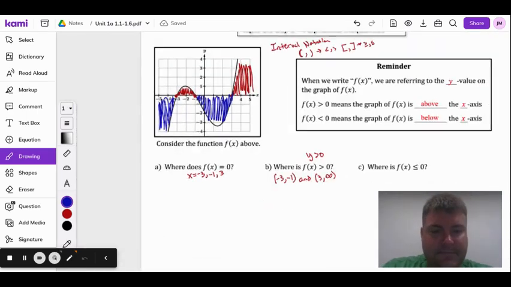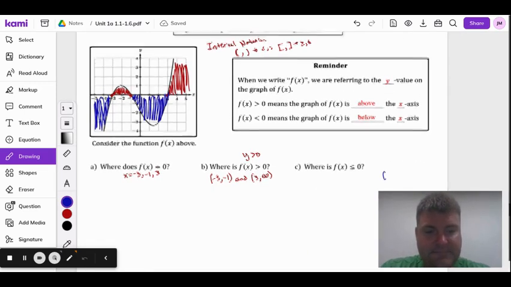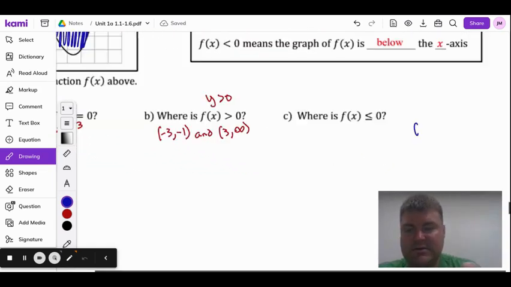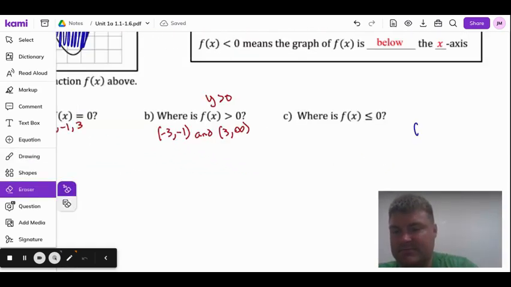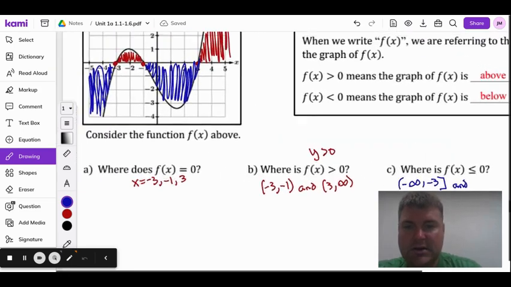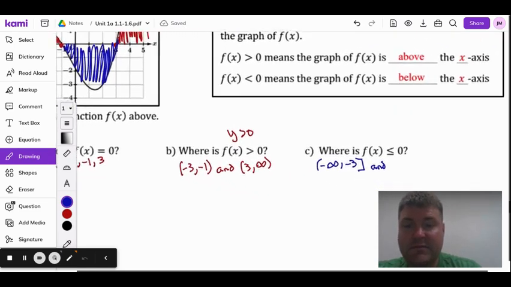They're going to be from negative infinity, which I said is always open. Sorry, it's easier if I just zoom in here. From negative infinity until -3, and I'm going to include it, and from -1 to 3.